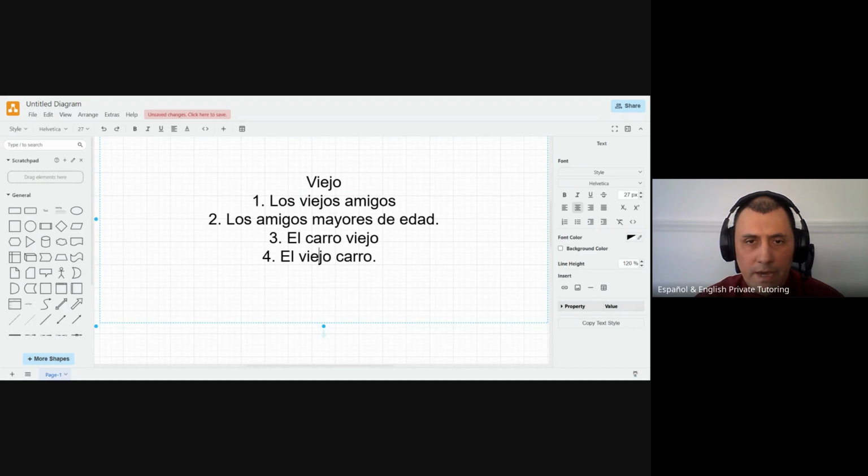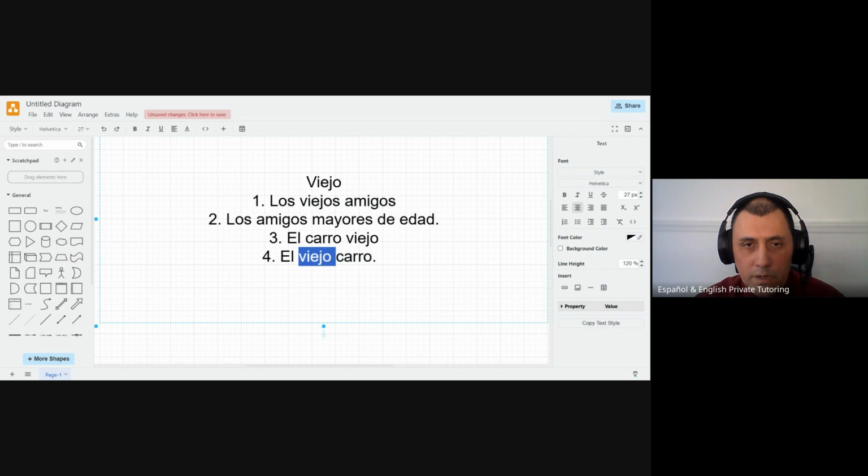I said that viejo can only be used for people. But I'm using it here with a thing, which is a car. If you do that, it will not mean long time something. It will mean still old.